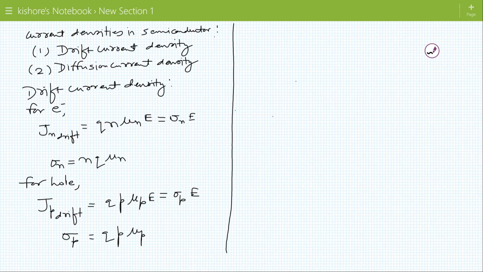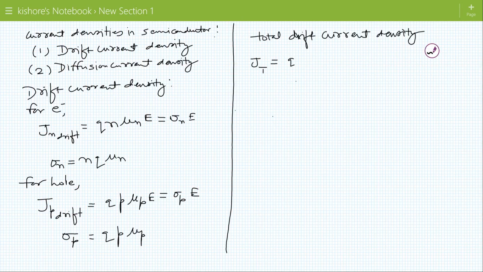So the total drift current density is denoted by Jt. This is sum of electron and hole drift current densities.